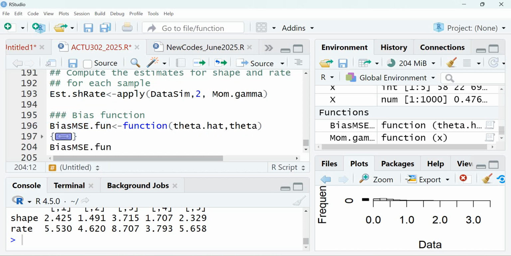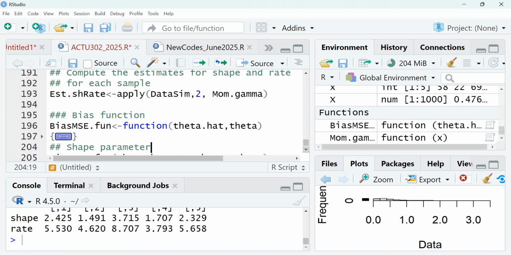For the first one it will be theta hat. So if I want to find that of the shape, theta hat will be this one, right? So I can comment here: shape parameter.